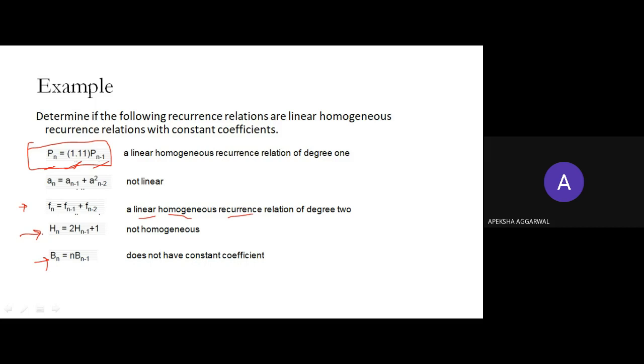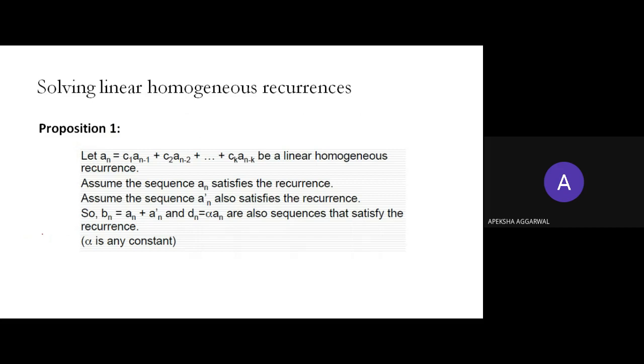So in the exam you will get some problems on solving these recurrences, and you have to use these propositions. The first proposition says that an equals c1 an minus 1 plus c2 an minus 2 up to plus ck an minus k is a linear homogeneous recurrence.